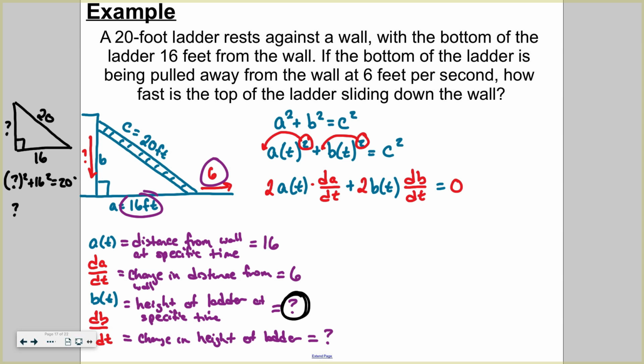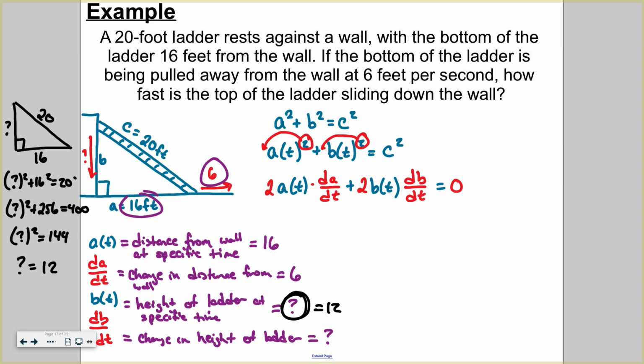So question mark squared plus 256 equals 400. Then we subtract 256 from both sides and get question mark squared equals 144. Take the square root of both sides, therefore question mark is equal to a positive 12.